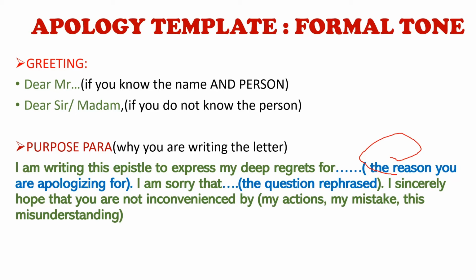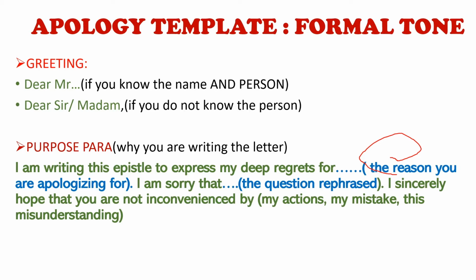So explain that. Bullet point 1 in an apology letter will mostly be about apologizing. So you can write it here itself and finish it within one paragraph instead of writing two. I sincerely hope that you are not inconvenienced by my actions or my mistake or this misunderstanding.